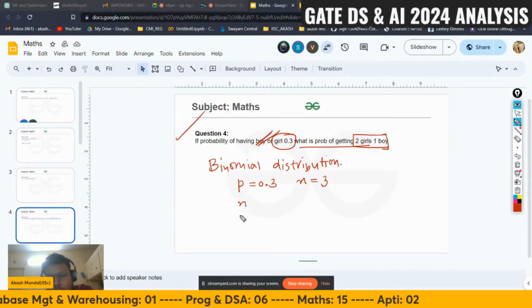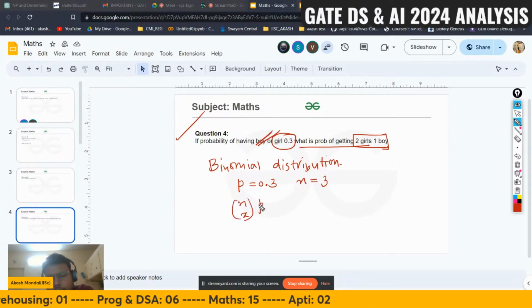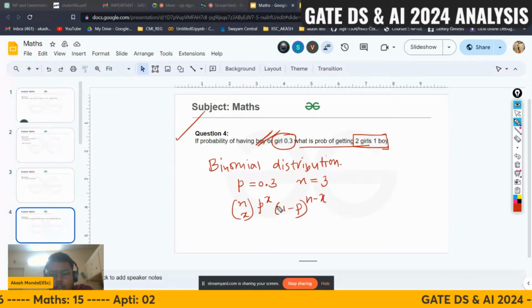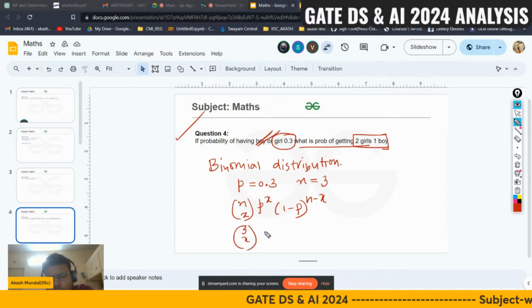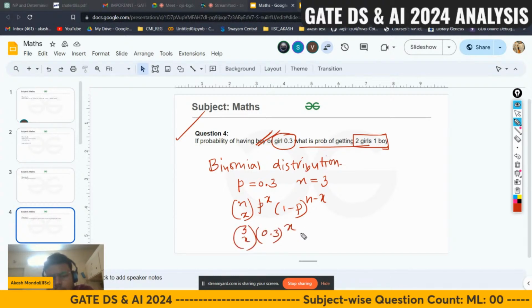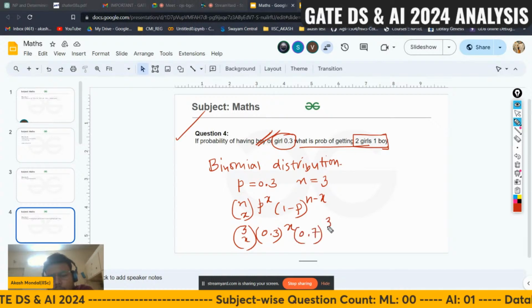The formula is n choose x, p to the power x, (1 minus p) to the power n minus x. Plugging in the values, you get 3 choose x, 0.3 to the power x, and 0.7 to the power 3 minus x.